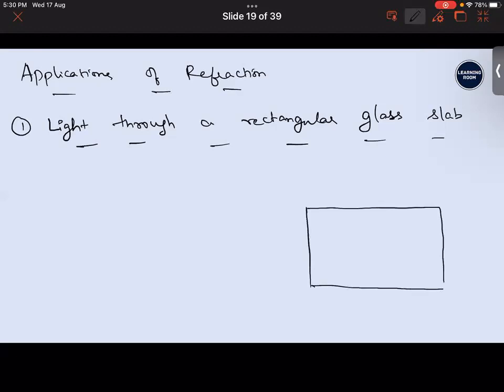So when light is passed through a rectangular glass slab, let's say it is incident here, then this will be the angle of incidence. So light would have traveled in this path had the boundary not existed. So if this is mu1, if this is mu2, then outside medium is again mu1.